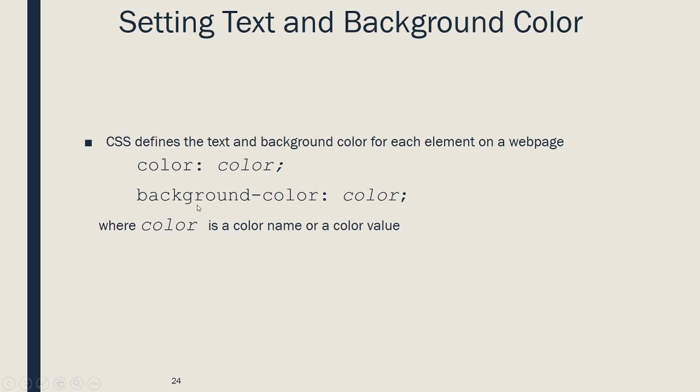And for the background color, you can have the background-color property. Then after the colon, we have the value. You can also apply the color name like black, white, blue, cyan, something like those color names.